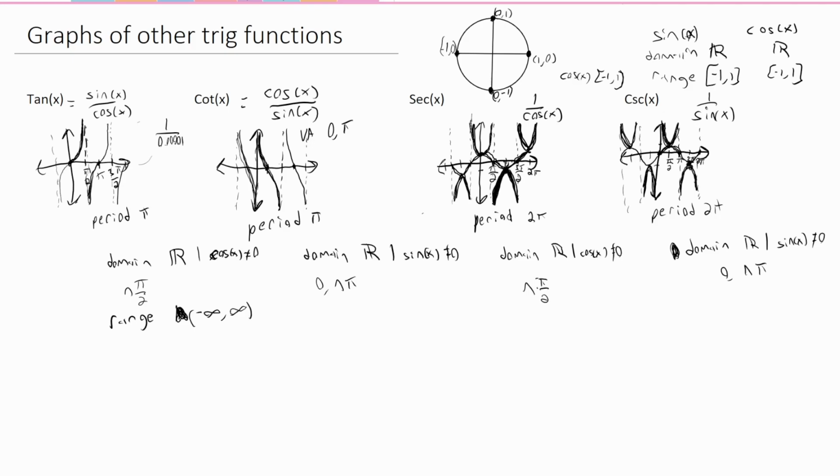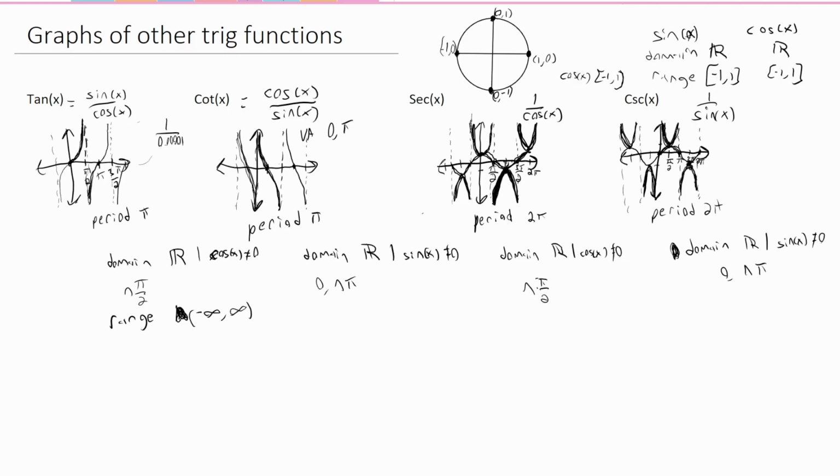And the same is going to be true for cotangent. So all of them have an infinitely wide range, but their domain is restricted. Whereas for sine and cosine, their domain is infinitely large, it's all reals, but their range is severely restricted between -1 and 1.